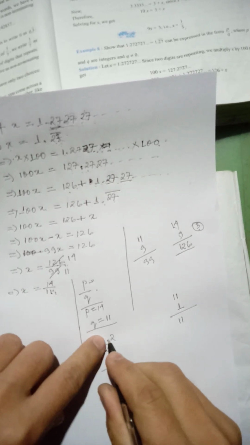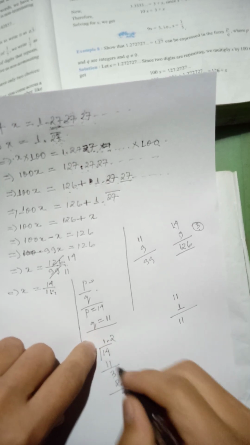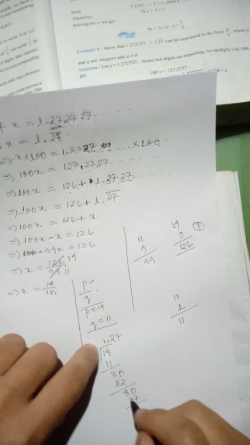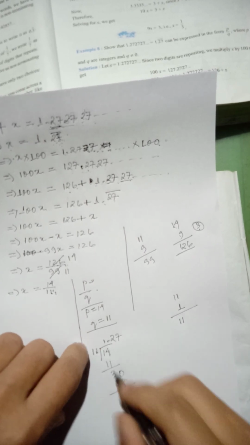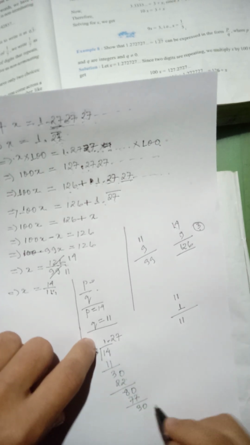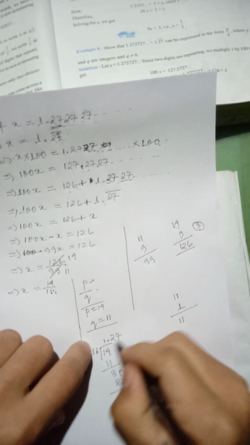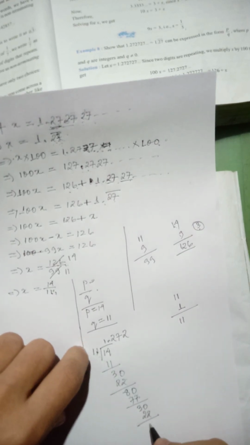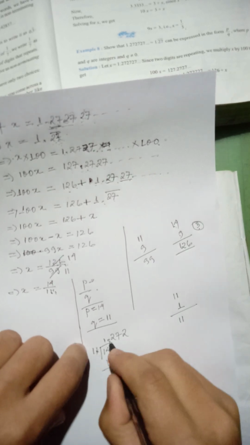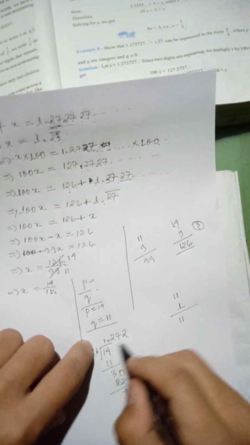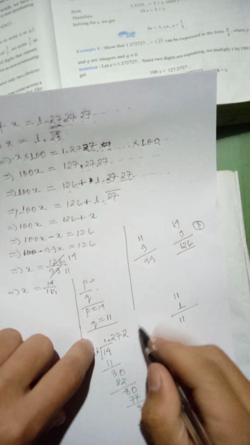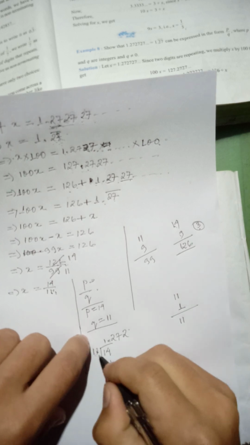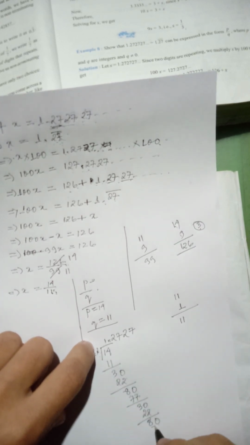So here is 1 point. Then 11 times 7 gives you 77, and 80 minus 77 gives you 3. Then 11 times 2 gives you 22, and 30 minus 22 gives you 8. You add a 0 again, and 11 times 7 gives you 77.